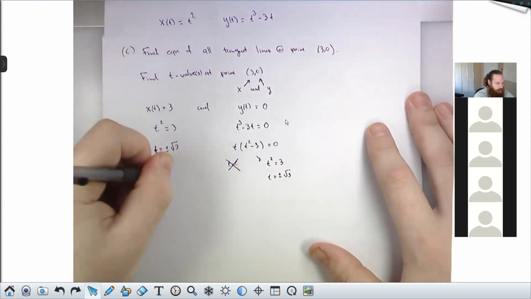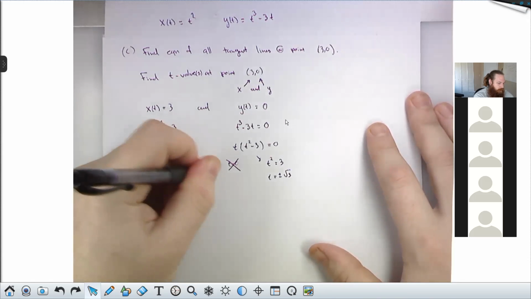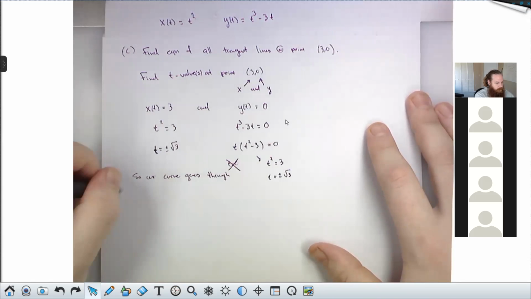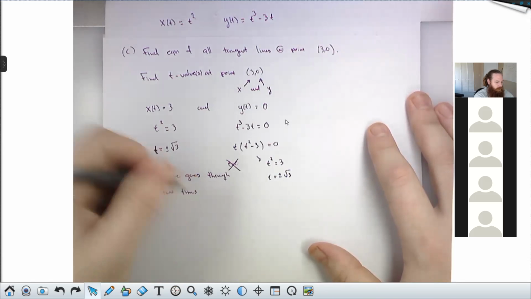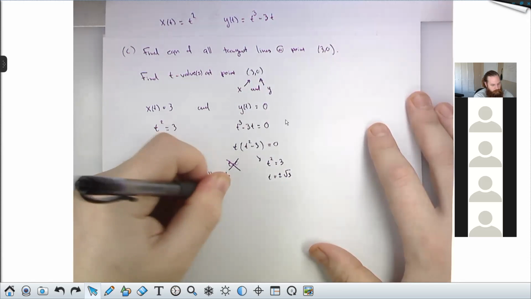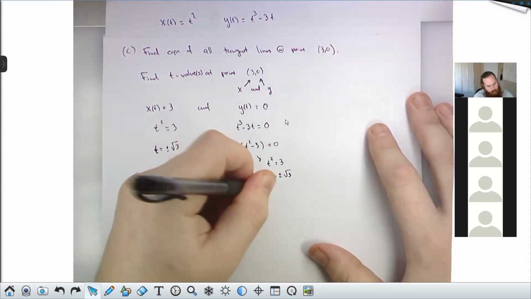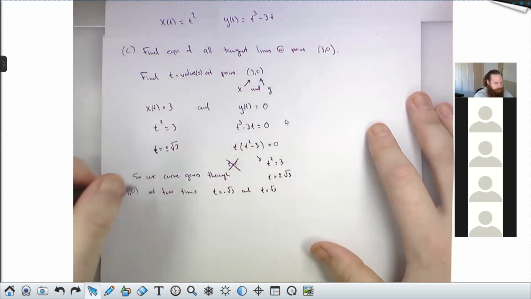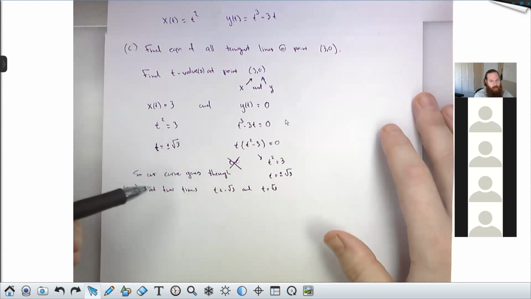so our curve goes through (3, 0) at two times, t equals negative root 3 and t equals positive root 3. At time t equals 0, we're going through the point (0, 0), not (3, 0).